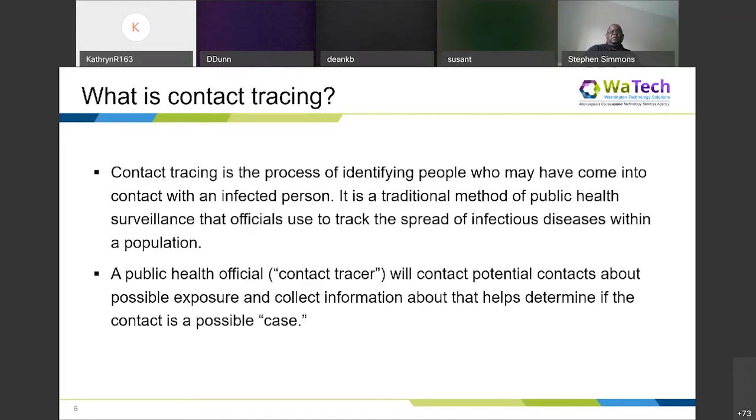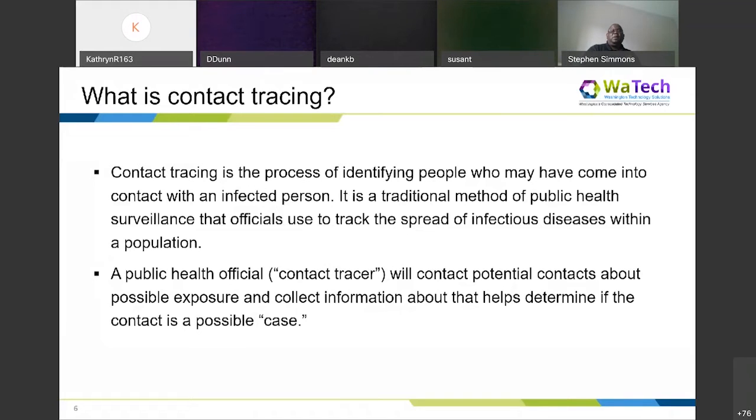And so public health officials or contact tracers contact, so that's going to be contact in a verb, potential contacts as a noun, about possible exposure and collection of information that helps determine if a contact is a potential case, which is somebody that is confirmed to have the infectious disease. So one term in here that I want to focus in on really quickly is the use of the word surveillance.